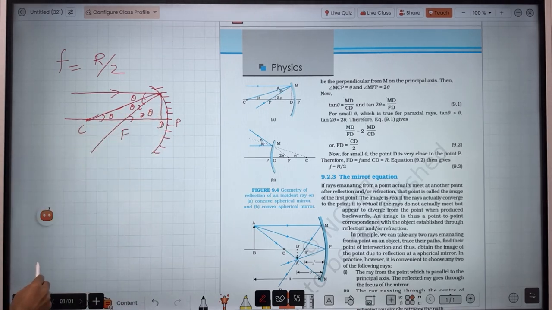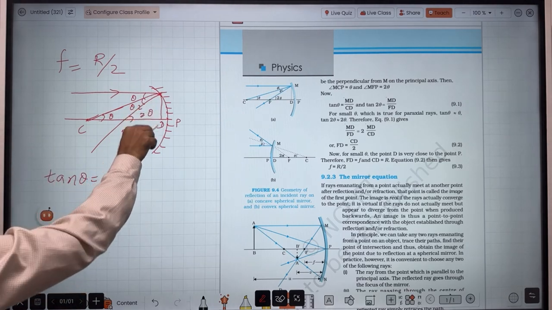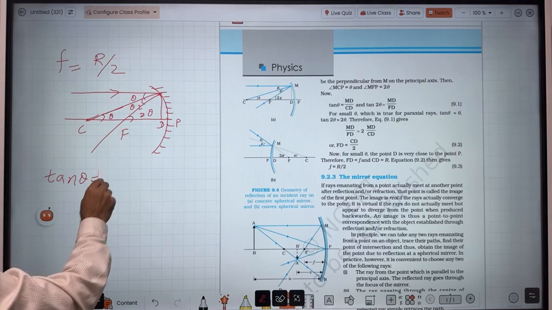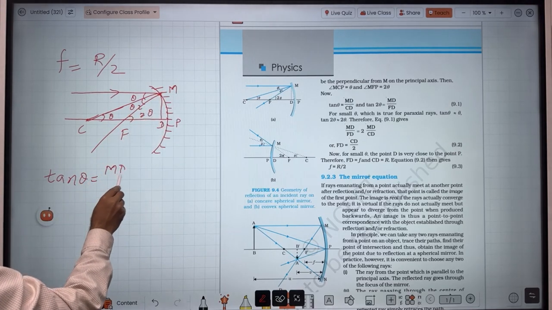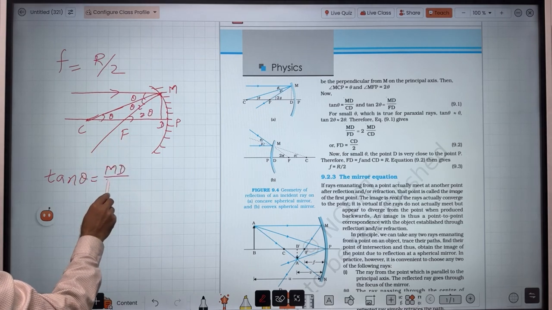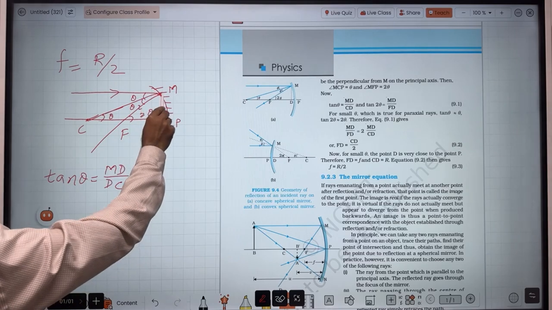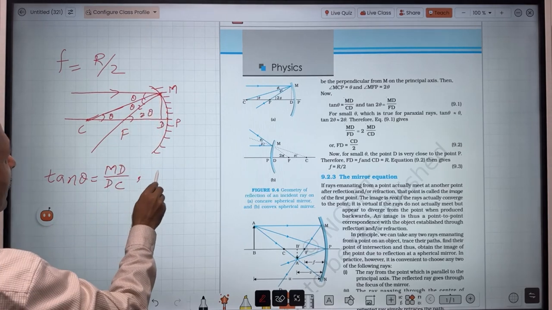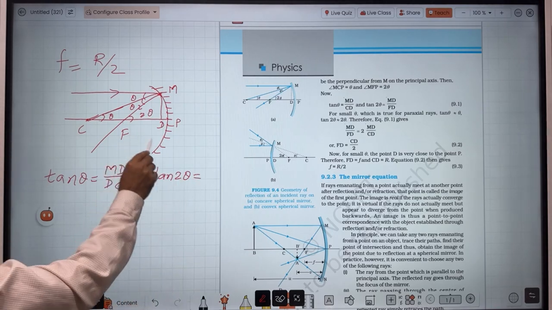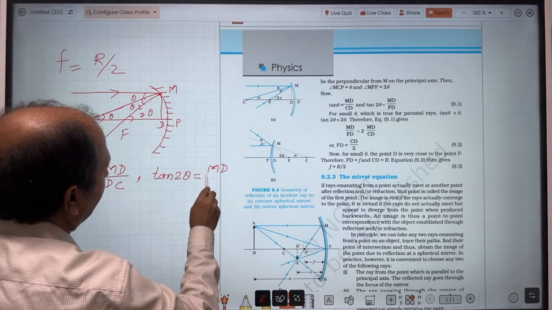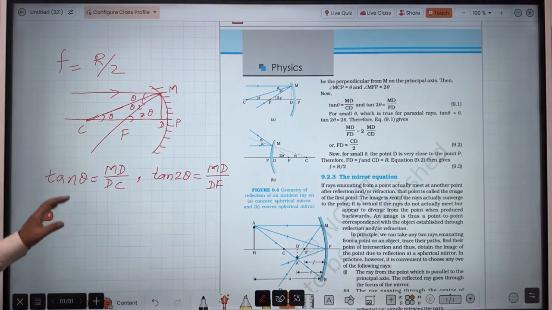So here, if we take tan theta, tan theta is perpendicular divided by base. Say this point is M. So MD divided by the base DC, right? Similarly, if you take this triangle MFD, tan 2 theta is equal to the perpendicular MD divided by DF.